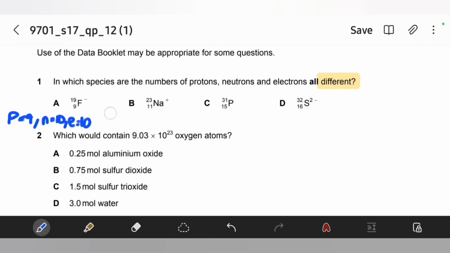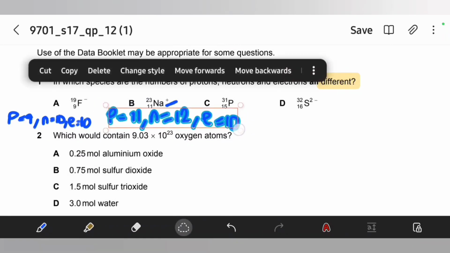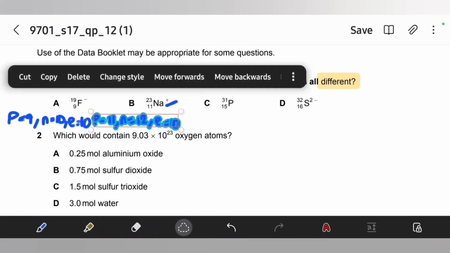Let's look at sodium now. Proton 11, neutron 23 minus 11 would give us 12, and electrons 11 minus 1 since we have a positive charge, so that would be 10. This is for sodium.